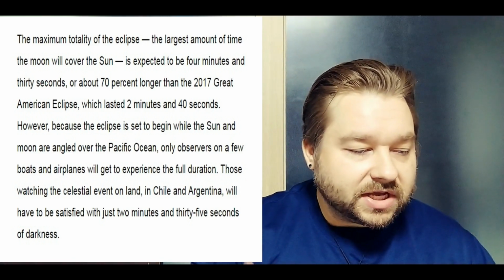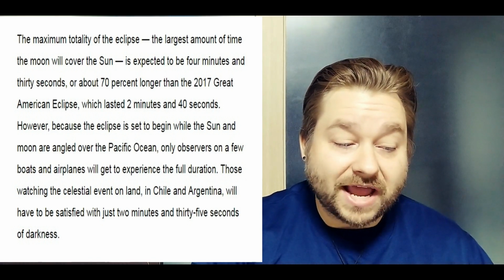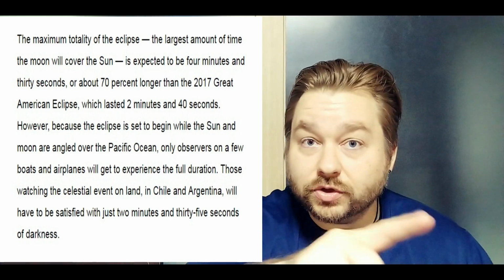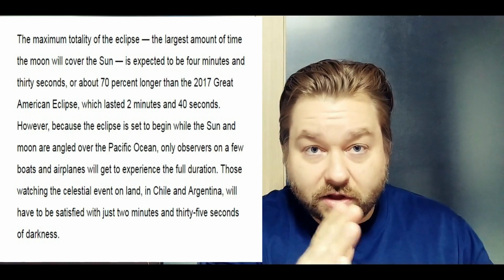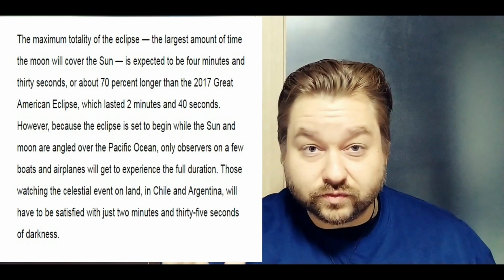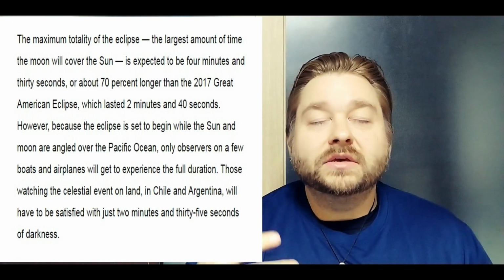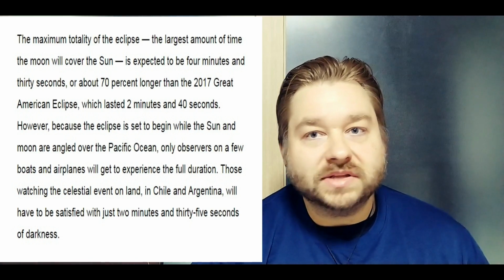However, because the eclipse is set to begin while the sun and moon are angled over the Pacific Ocean, that was long, but you made it. That was kind of a stretch. That long, no pause. That was really long, but you can do that, okay? If it's all in one breath, go for it. That's fine.